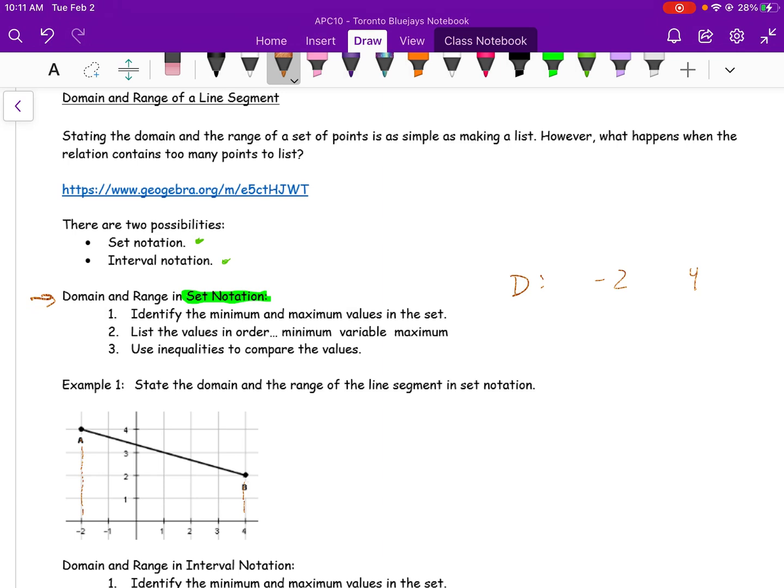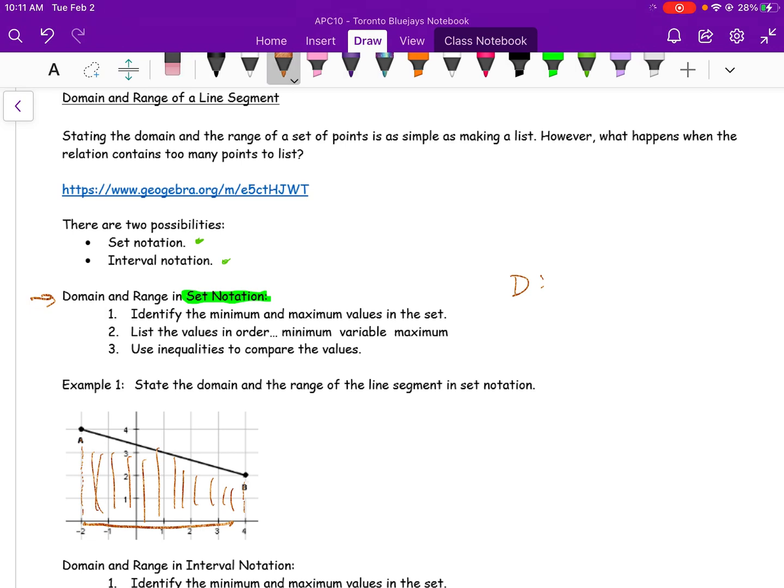Really, we would like to convey the idea that the domain goes from -2 to 4 and every point in between. There are an infinite number of points for x, so we're just trying to say x can be anything in between. This is quite a formal way of writing.